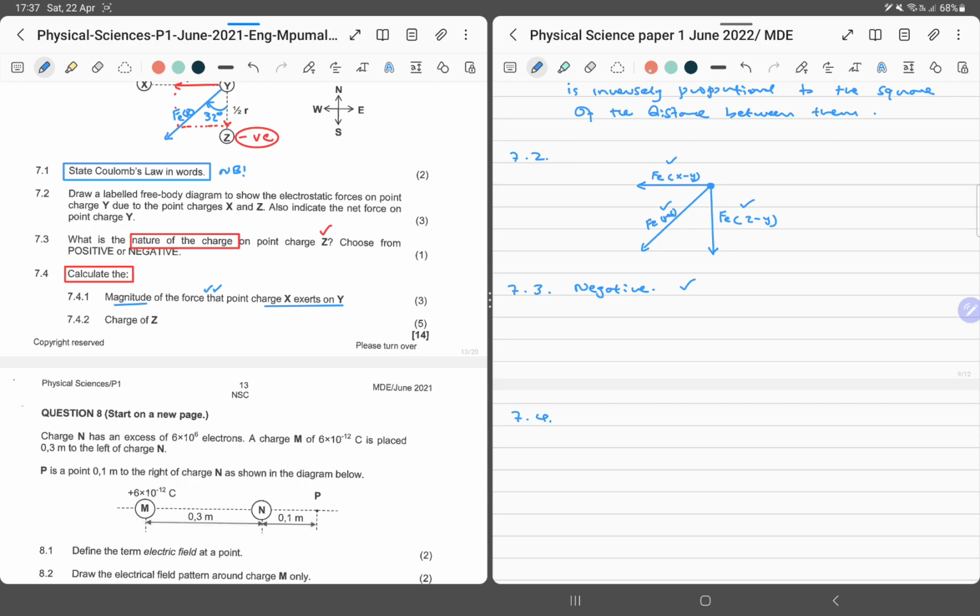If we shift that force to here, this would be the same as Fe of X on Y, which is what they want. But we also know that direction is at 32 degrees, and this is going to be at right angles. So we have a right angled triangle. We want this force, which is the opposite in that triangle.